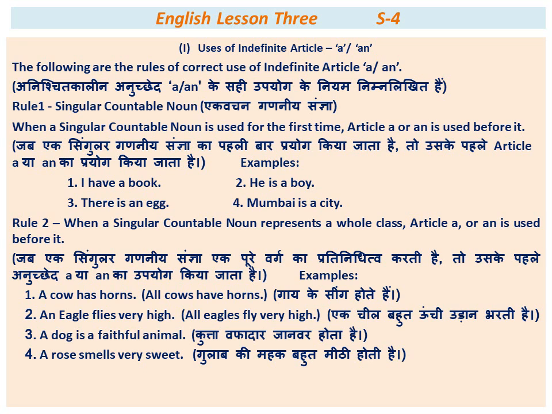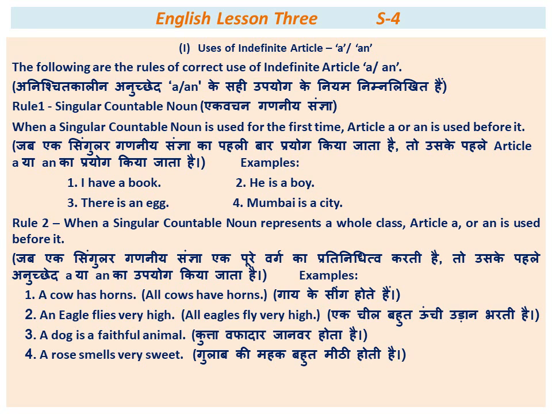Same way in sentence number 2, he is a boy, b being a consonant, article a is used here. Sentence number 3, there is an egg, e is a vowel, that's why an article is used here. Mumbai is a city, spelling c starts with a consonant, that's why article a is used here.